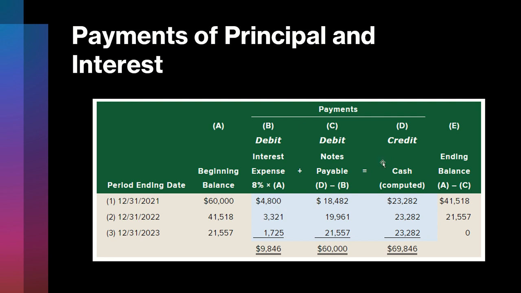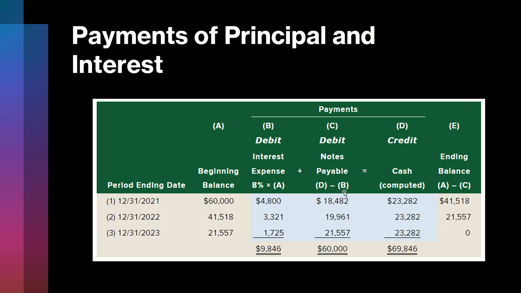In column D, $23,282 is the annual cash payment, and that cash payment does not change for the 3 years. Once this cash payment is made, $4,800 is going to come out of that, and whatever's left over is going to cover the principal balance of $18,482.